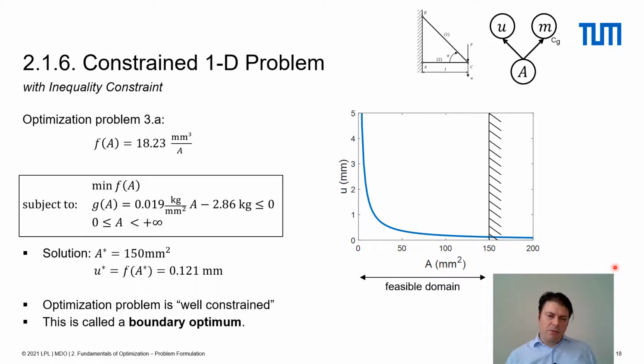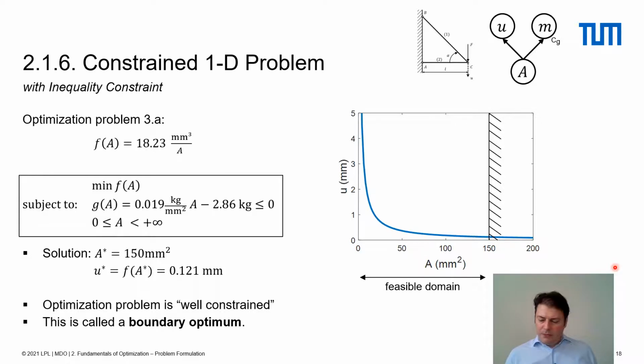This kind of optimum we call a boundary optimum, as opposed to an interior optimum, and you can call this problem now well constrained. The constraints are such that there is no way for the solution to go to infinity. Another property of this problem is that it is well posed, a term that we will also talk about a little later in this lecture.